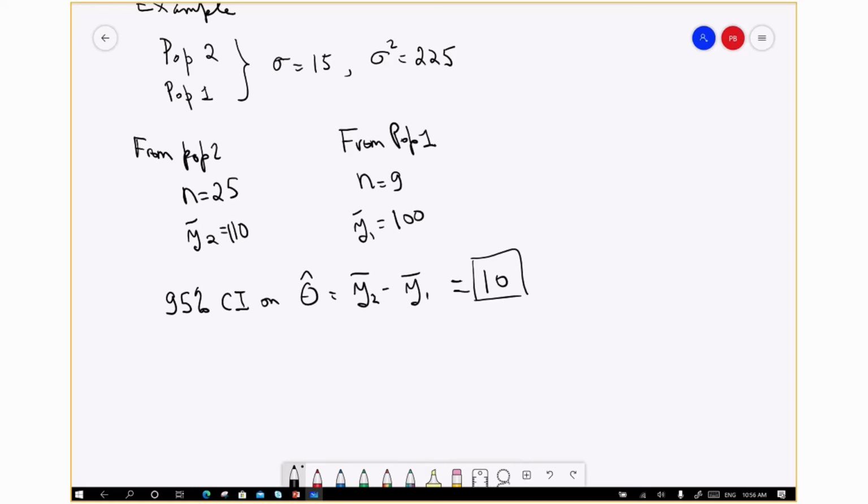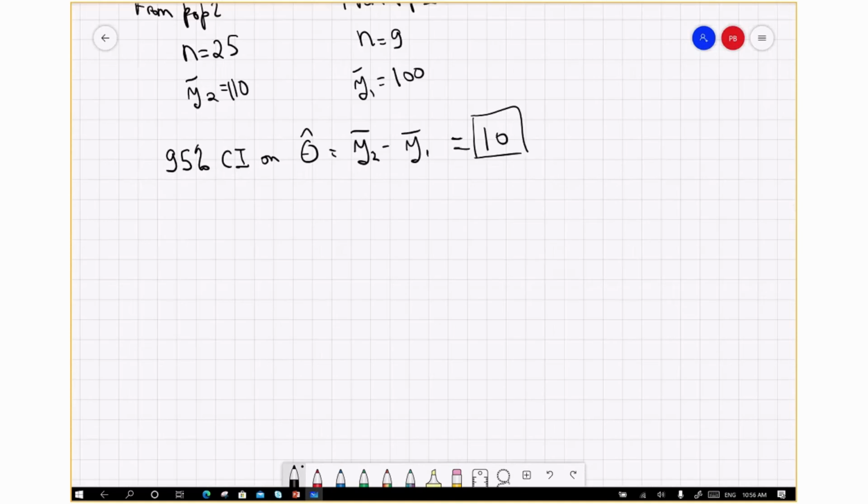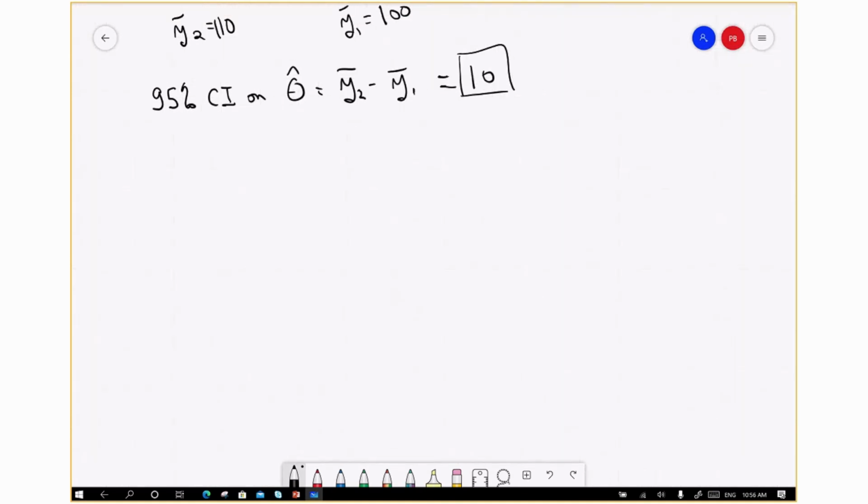So again, just as a review to help put things in perspective, think about what we did when we wanted to get a 95% confidence interval on a single mean. How did we do that? What we did was take y bar plus or minus z alpha over 2 times the standard error.